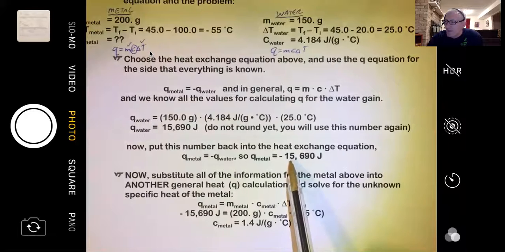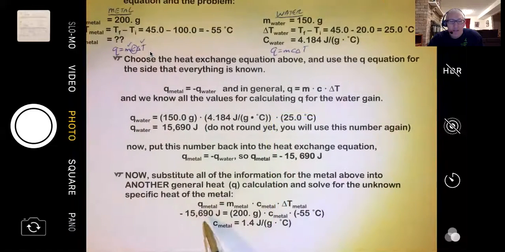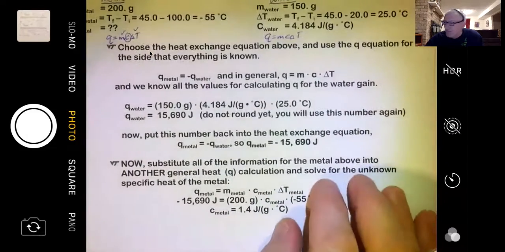At this point, we then say, all right, we now know the amount of heat associated with that particular chunk of metal, 200 grams, losing 55 degrees Celsius of temperature. And at this point, it's just doing some math, Q equals mc delta T. And so we end up seeing that the specific heat of the metal is 1.4. And so what does that mean again?